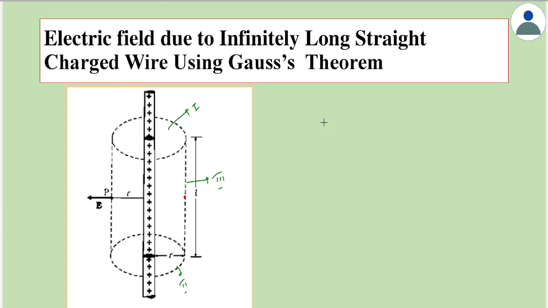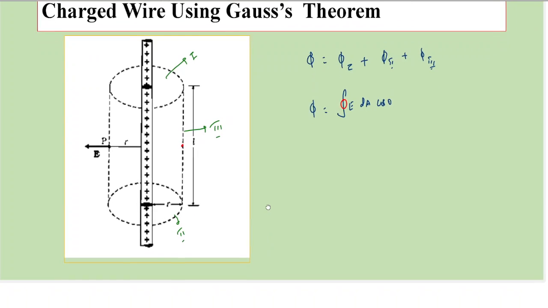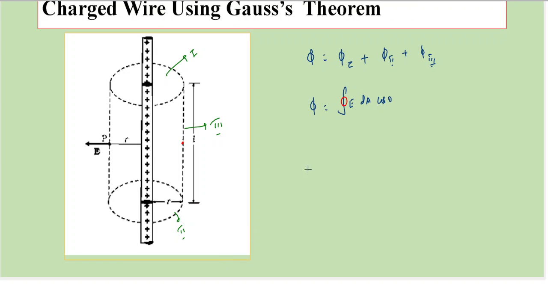So the total flux here is equal to the flux through the first surface, plus flux through the second surface, plus flux through the third surface. But for each flux, the form remains the integral of E dA cos theta, over the closed area. Let's find them one by one.